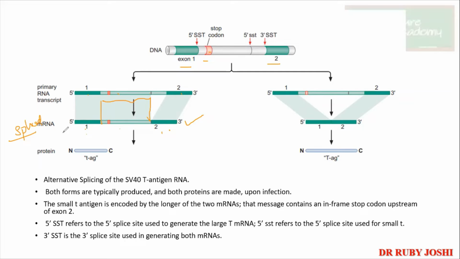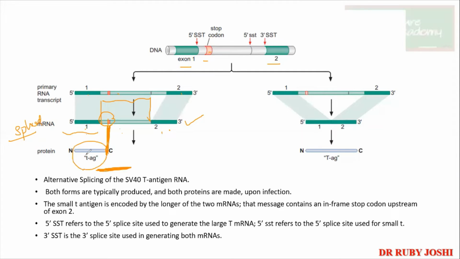Now, when this is being translated, what we have seen is that there is a presence of stop codon. Now the stop codon will come in the middle here, so obviously it will stop here itself, correct? So what we get is the small polypeptide chain. So if the splicing is in such a way that the intron is being retained, then you are going to get small t antigen.